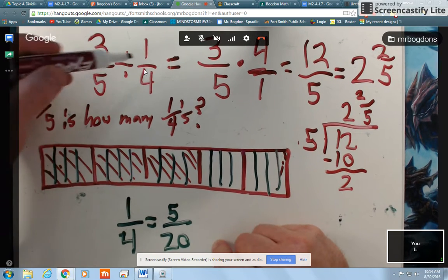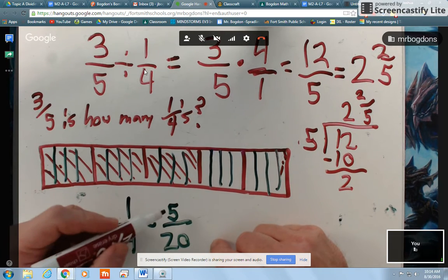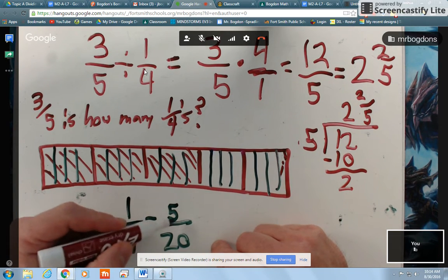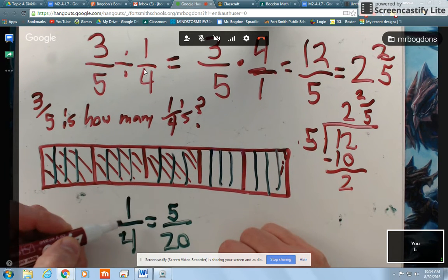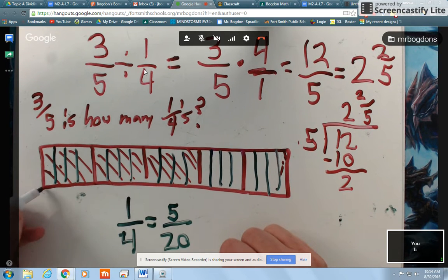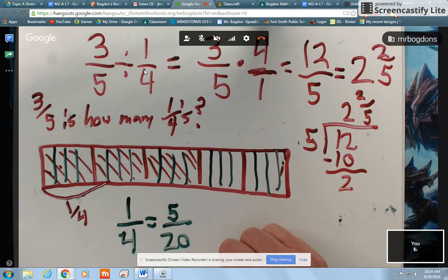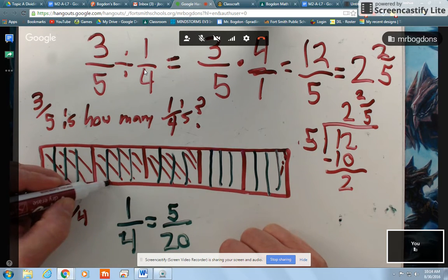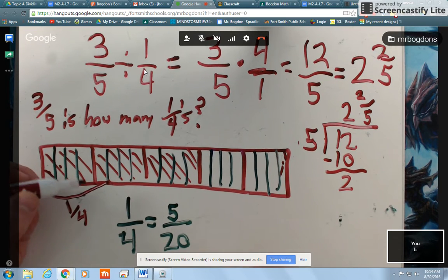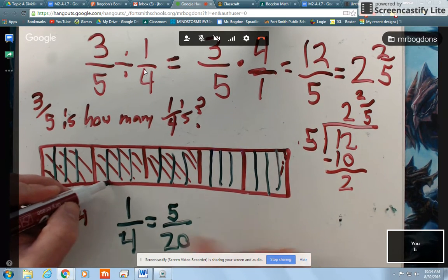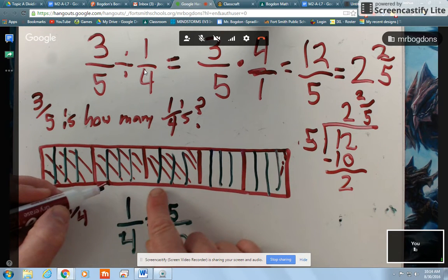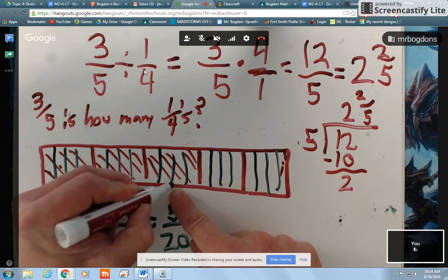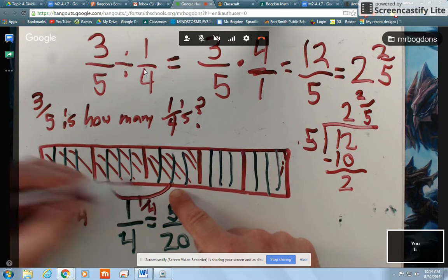I know to see how many 1/4ths I have, I need to count by twentieths. 5 twentieths is equivalent to 1/4. So let's count by 5s. 1, 2, 3, 4, 5. So that's 1/4 right there. Because 1/4 is equal to 5 twentieths. Let's count by 5 again. 1, 2, 3, 4, 5. There's another 1/4.